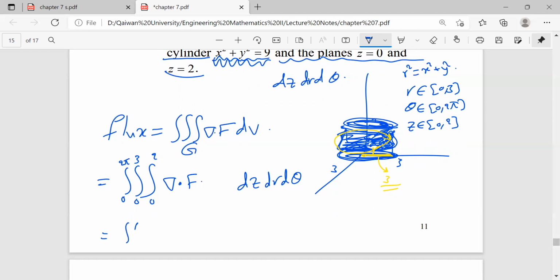This equals the triple integral from 0 to 2, 0 to 3, 0 to 2 pi.